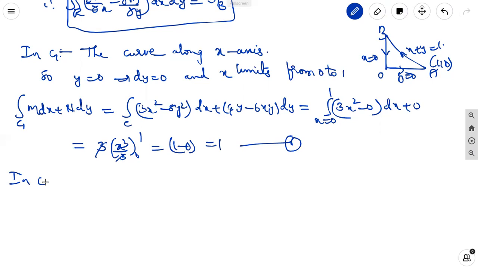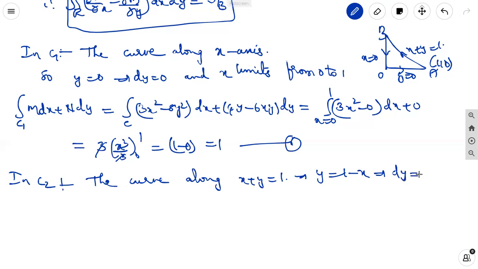Next, in C2, the curve is along x plus y equals 1. From this, y is equal to 1 minus x, so dy is equal to minus dx.